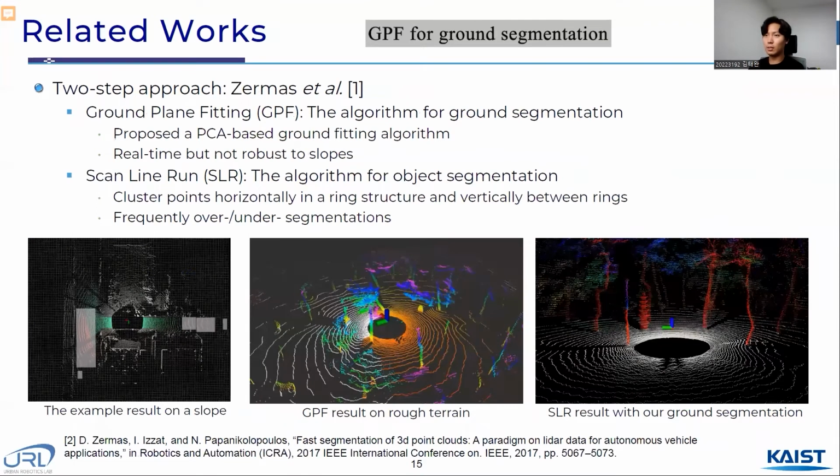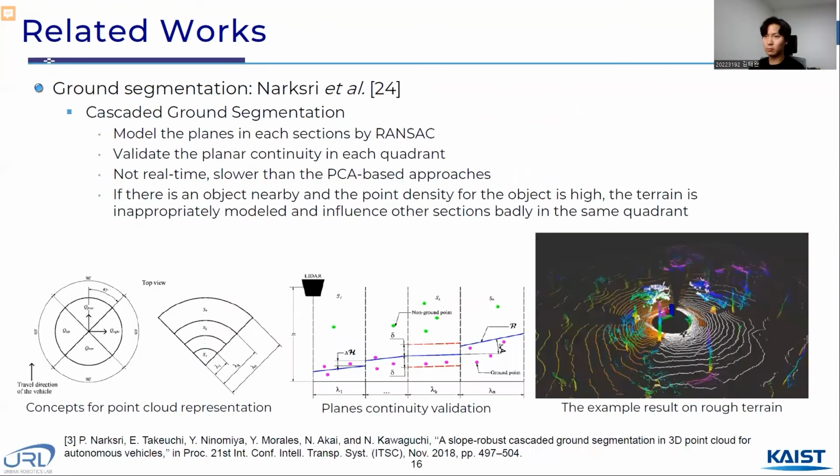GPF for ground segmentation and SLR for object segmentation is proposed. GPF's PCA-based ground recognition technology enables real-time processing, but as shown in the figure, if there is a lot of slope terrain around it, it does not show proper performance. Even if the floor data is properly estimated, the SLR algorithm causes frequent over-segmentation.